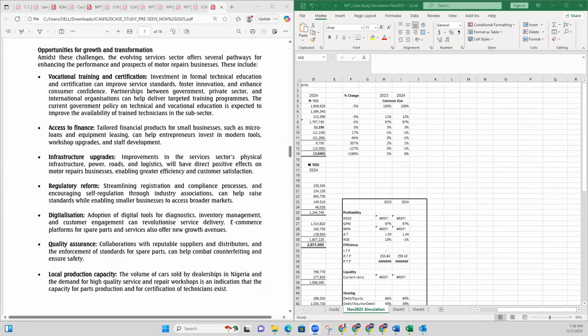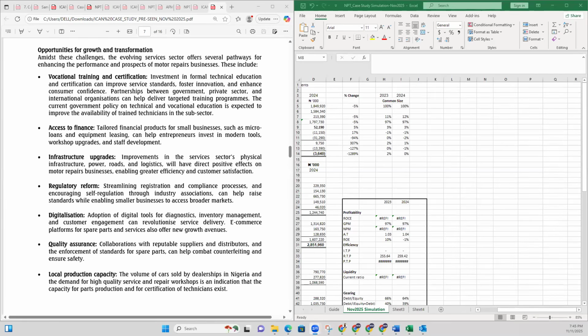Infrastructure upgrades. Improvement in the services sector's physical infrastructure, power, roads, and logistics will have a direct positive effect on motor repairs businesses, enabling greater efficiency and customer satisfaction.